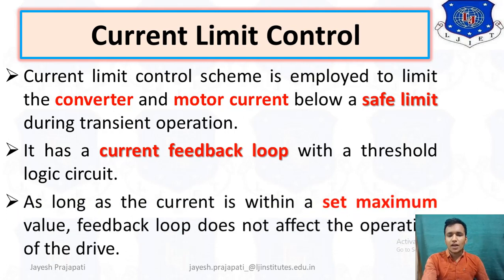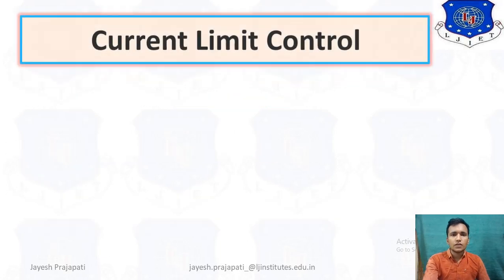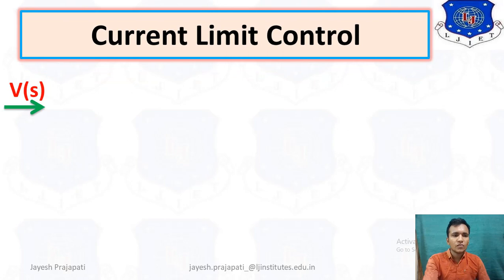As long as the current is within a set maximum value, the feedback loop does not affect the operation of the drive. So below the maximum value it will not affect, but above the maximum value, it will. If we see the system of current limit control in the figure, first there is the input voltage.